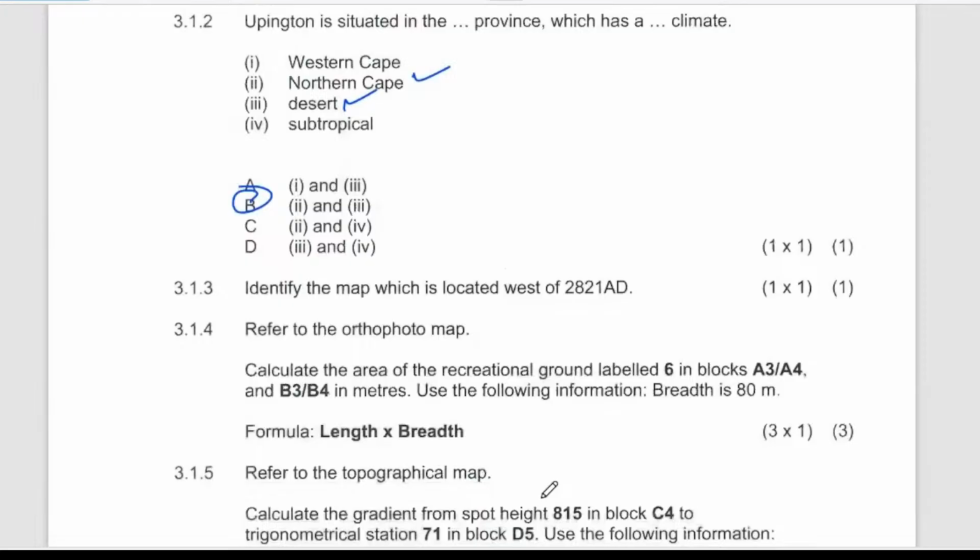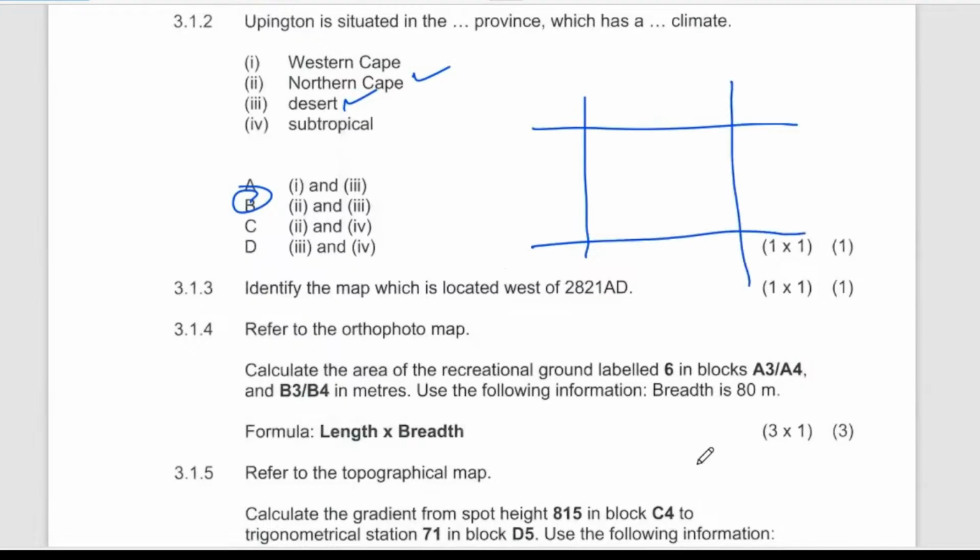Identify the map which is located west of 2821 AD. That is you doing your map referencing. Remember, we must draw our referencing like that. We are saying our 28 is for latitude, which means this is 28 degrees, and this is going to be our 29. And this is going to be 21, and this is going to be 22. So in this block, we have subdivisions of our map.